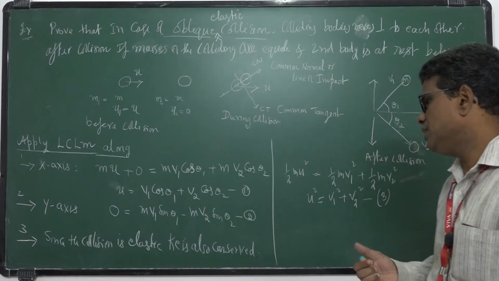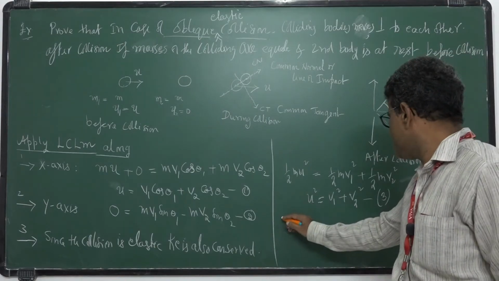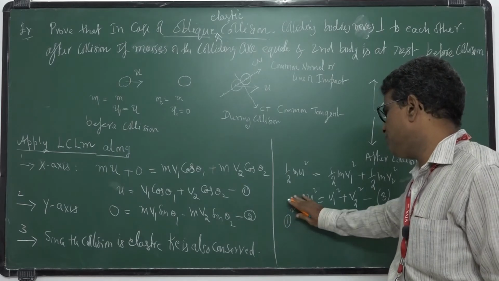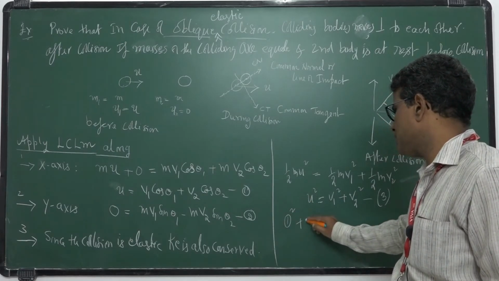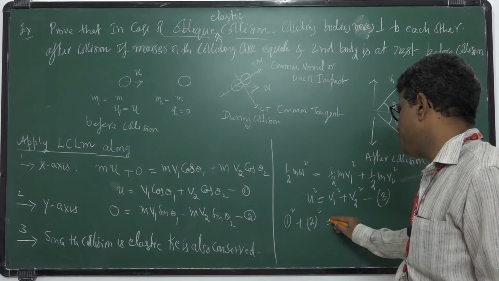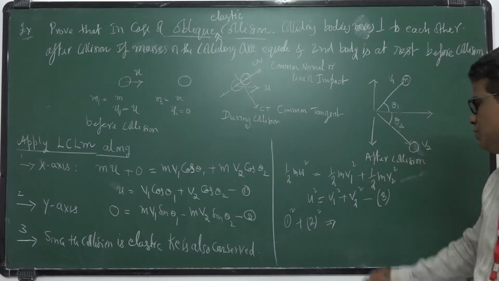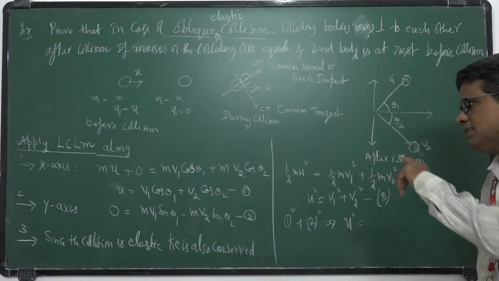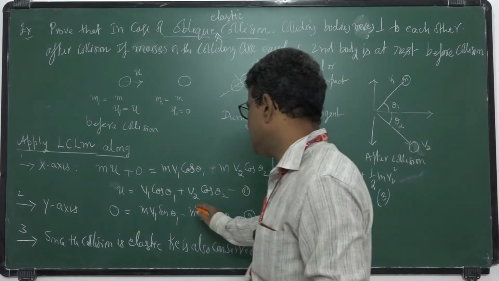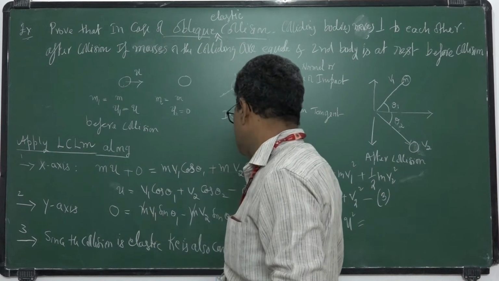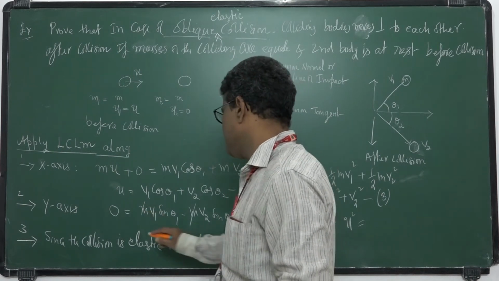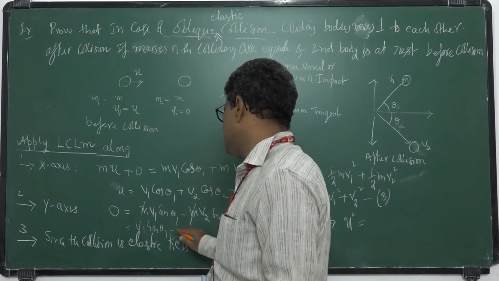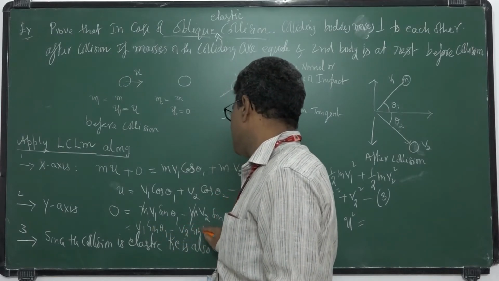I will square and add equations 1 and 2. On the left hand side you get u square, and the right side is v1 square cos square theta 1. Here m also gets cancelled since m is not equal to 0. Then you get v1 sin theta 1 minus v2 sin theta 2.